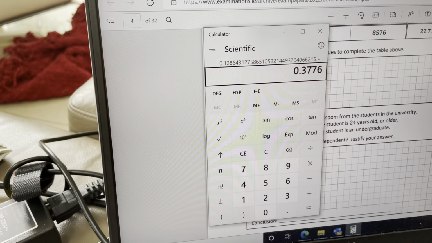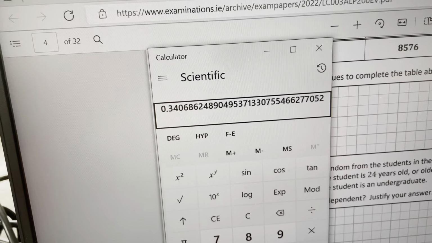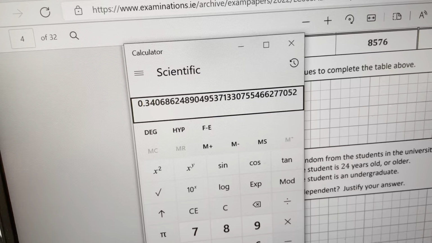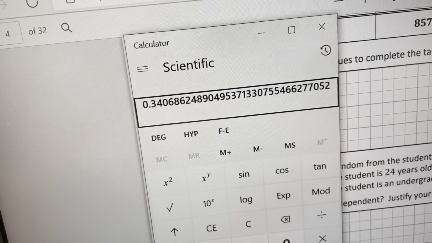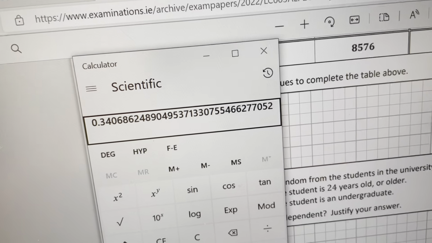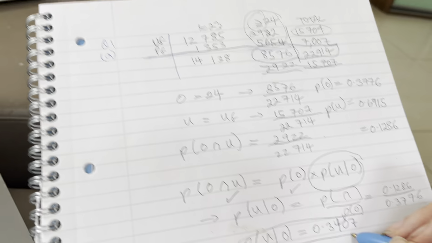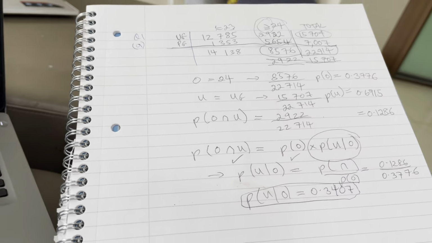Yeah, so it is about a third. It's 0.3407. Okay, so 0.3407.